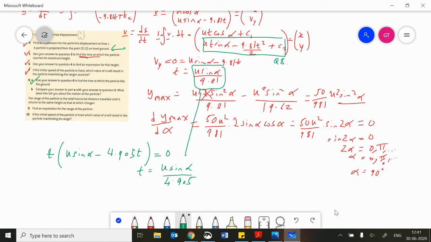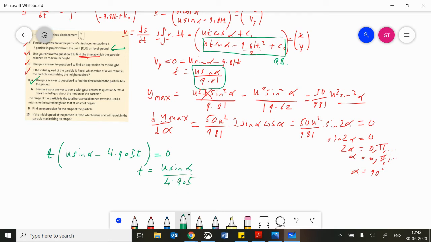So we're going to try and compare that to this thing here. We can see that this answer is twice the size of this answer. If I times the top and the bottom of this one by 2, then I'll cancel the 2 with the 9.81, and I'm going to get this answer here.